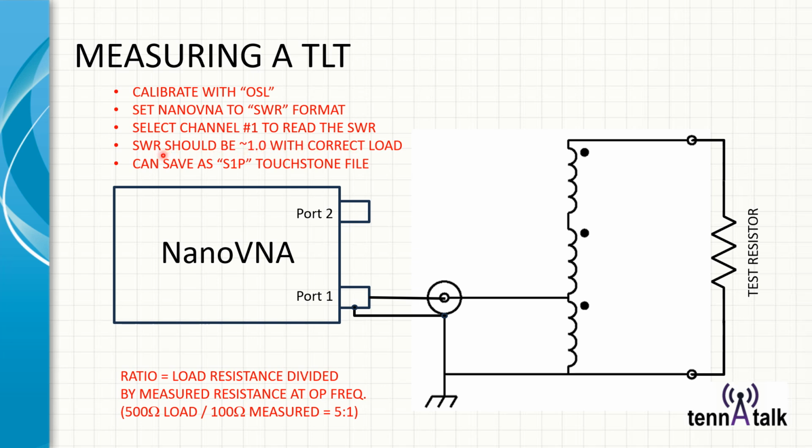We can save that with an S1P file, a touchstone file, on the nano VNA. Some nano VNAs cannot, but many do. The S1P is port 1, and by the way, the S2P is if we wanted to measure something in a through mode.